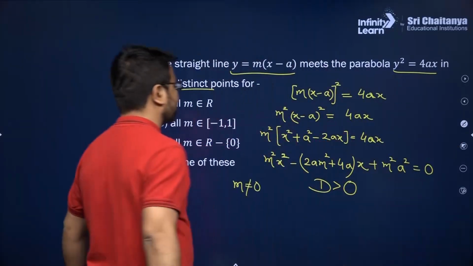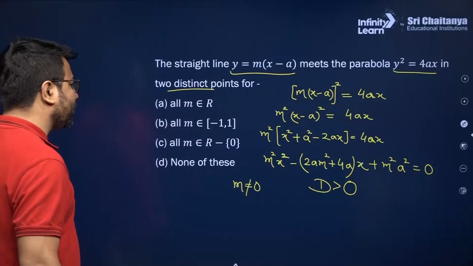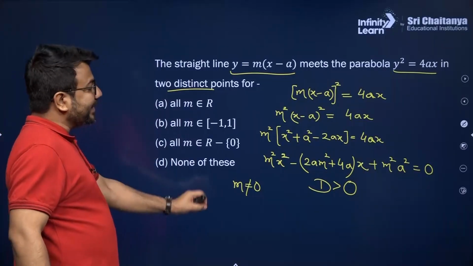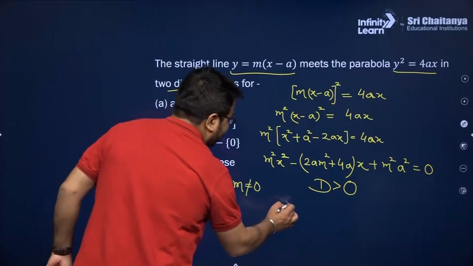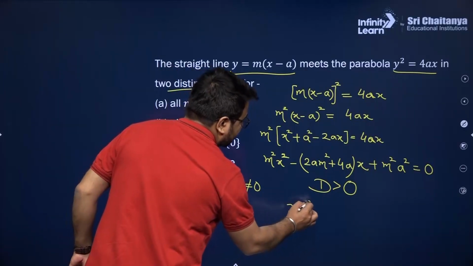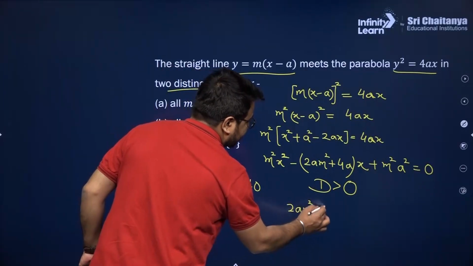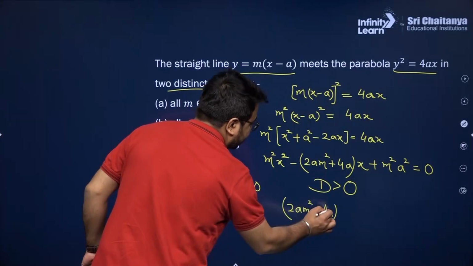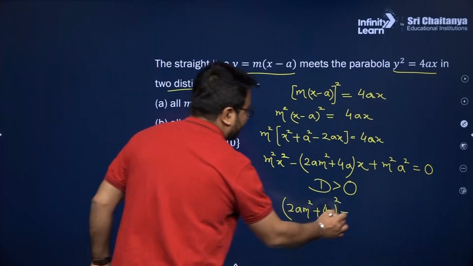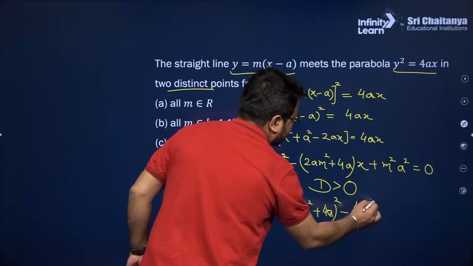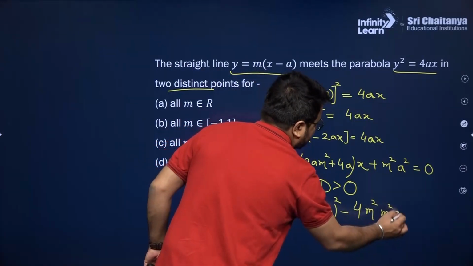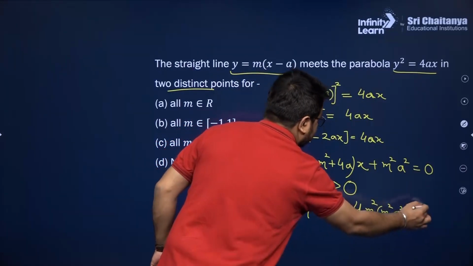So here we will get the discriminant of it greater than 0. So (2a m square plus 4a) whole square, b square minus 4 into a into c. So this should be greater than 0.